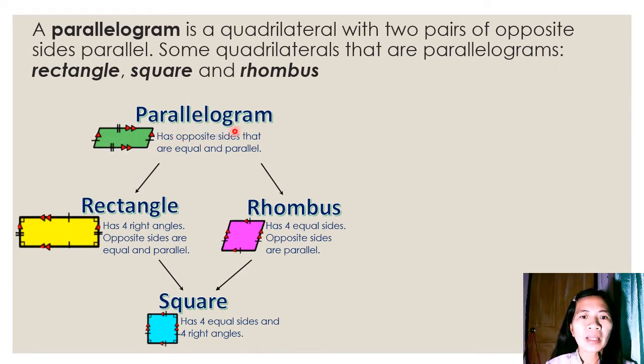So under the parallelogram, we have the classifications of rectangle, rhombus, and square. A rectangle has four right angles, and the opposite sides are equal and parallel, so we have two pairs of equal and parallel sides. A rhombus has four equal sides, and the opposite sides are parallel.